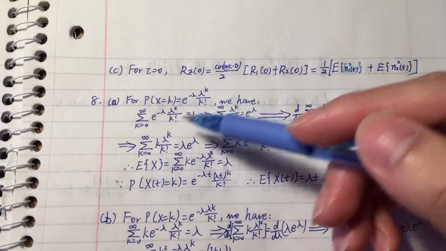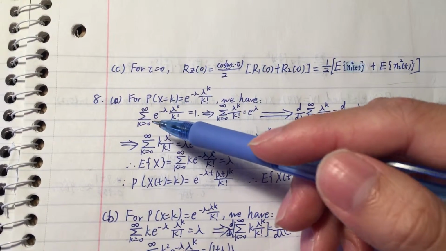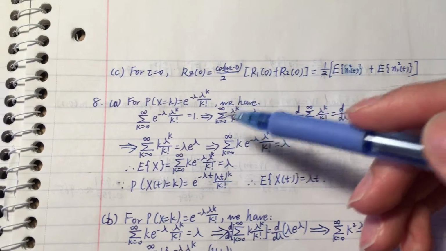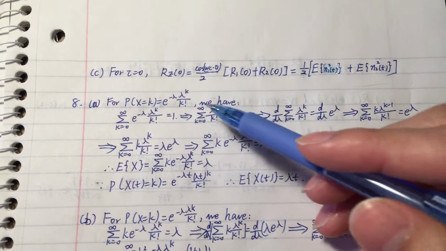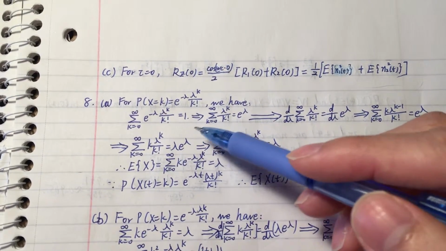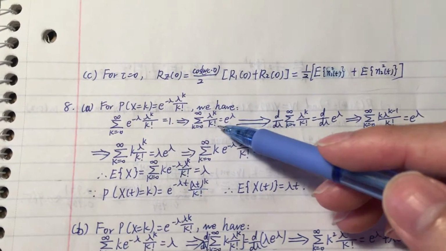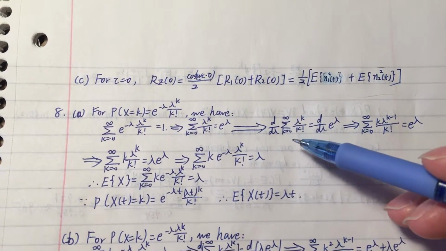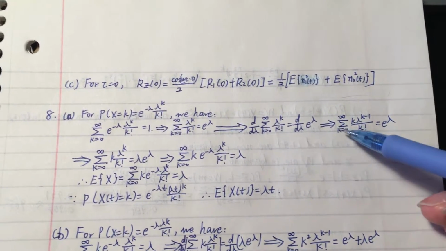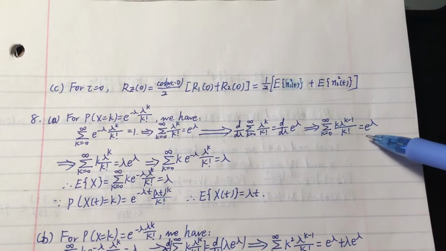And we know that the sum of this equation equals 1, and then we move the e to the minus lambda to the right, we can get this one, and then we differentiate both sides, and we can get this equation.